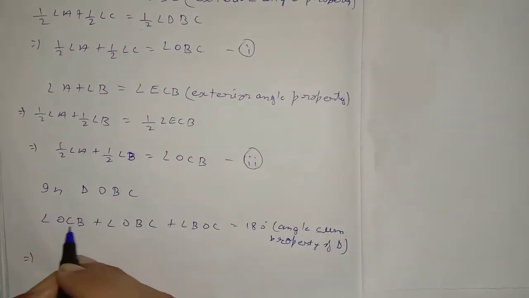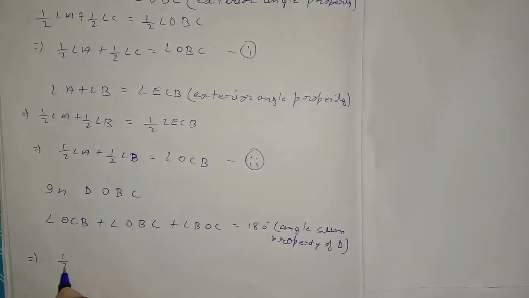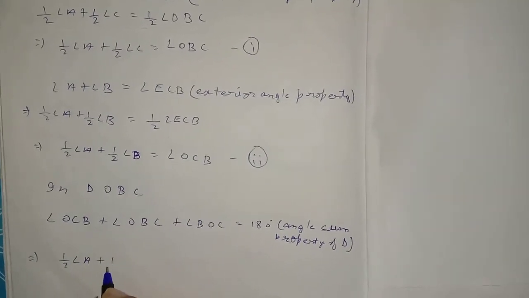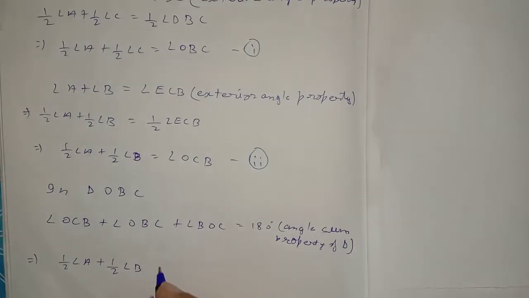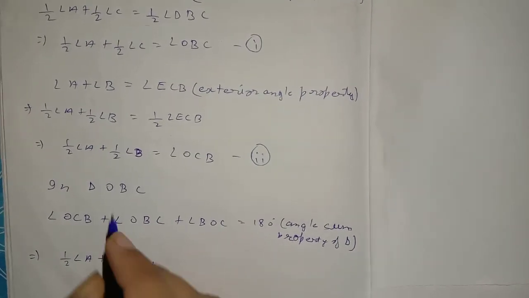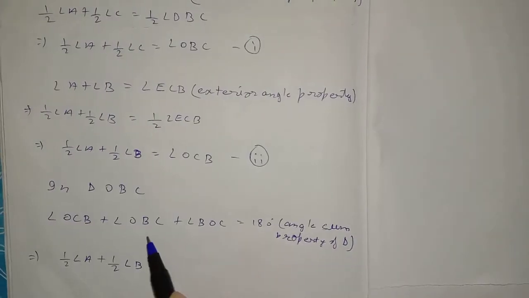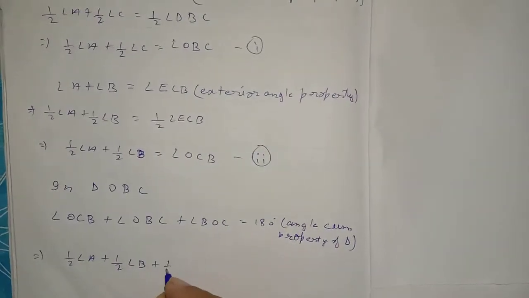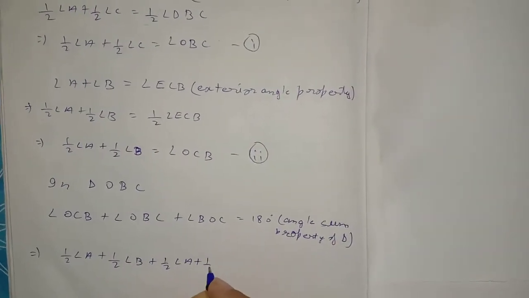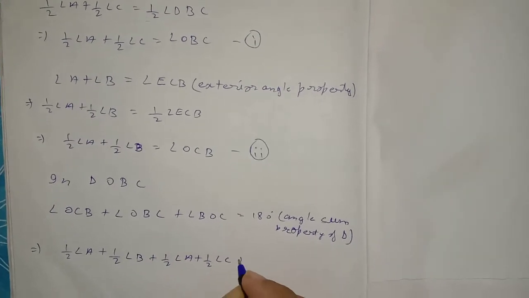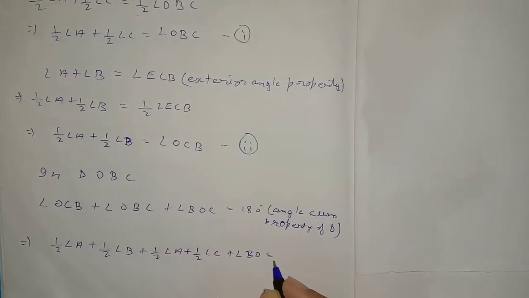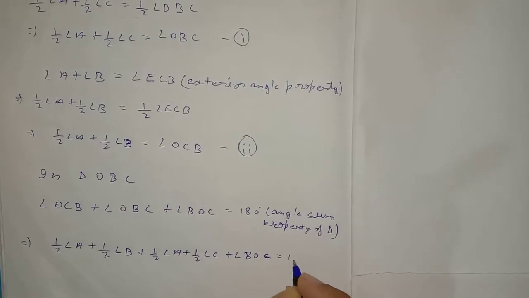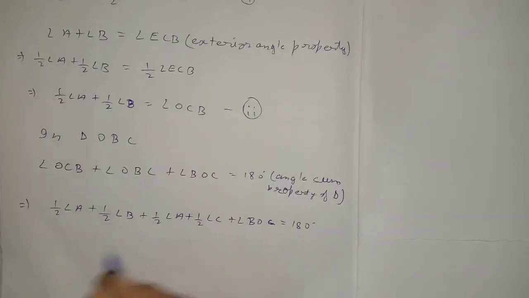So we have written angle OCB as half angle A plus half angle B, and angle OBC as half angle A plus half angle C, and angle BOC is equal to 180 degree.